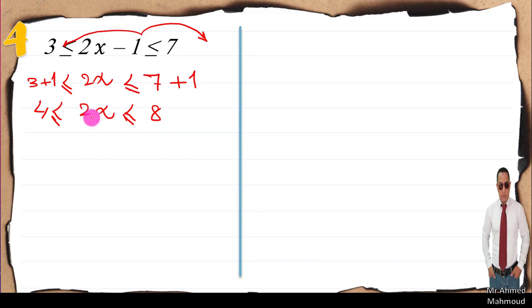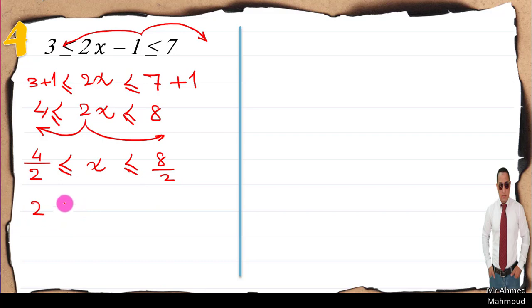Now to cancel 2, I'm going to send 2 here and here as a divisor. So it will be 4 over 2 less than or equal to x less than or equal to 8 over 2, or 8 divided by 2, it's up to you.